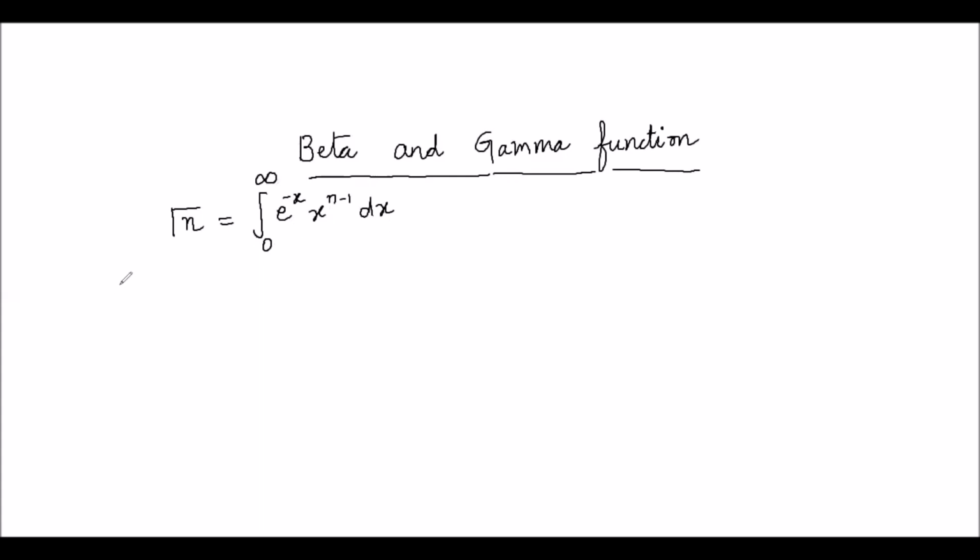Now let us discuss the definition of beta function. The notation for the beta function of m and n is this one. This is beta of m and n. It is again given by a definite integral. For evaluating this beta function, we will be integrating x raised to power m minus 1, into 1 minus x raised to power n minus 1, with respect to x within the limits 0 to 1.